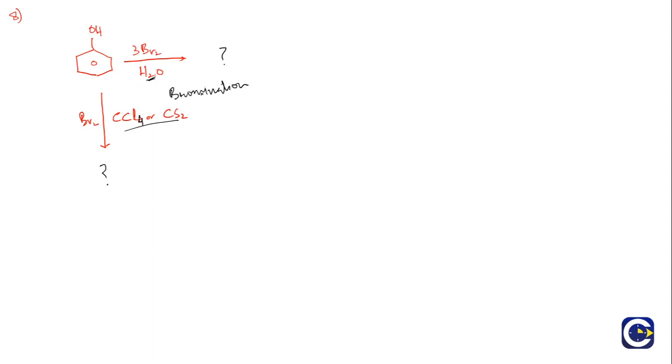Recognizing the substrate and the reagents, we conclude that both reactions are bromination reactions, electrophilic aromatic substitution, and the electrophile is bromine, which is substituted into the ring of the phenol.